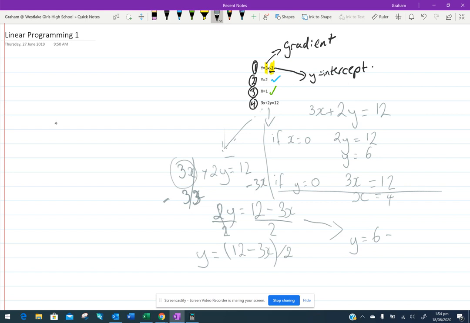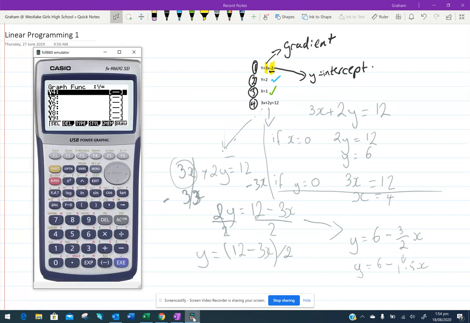That doesn't go, so I could leave it as a fraction, which is 3 over 2 x, or I could remember my fraction stuff. 3 divided by 2 as a decimal is 1.5, so I could write it as y equals 6 minus 1.5x.